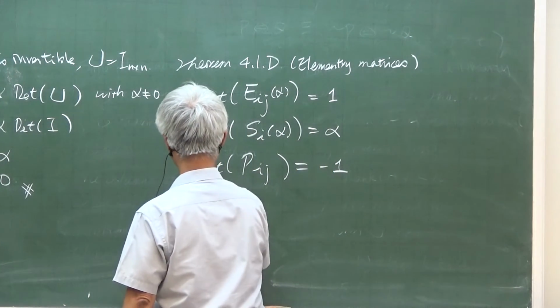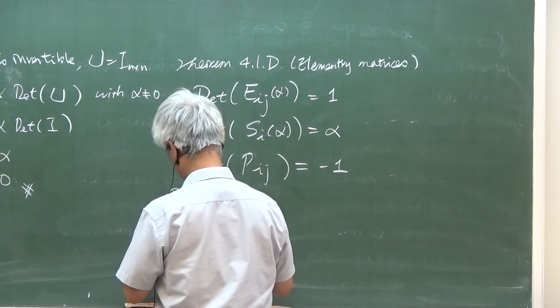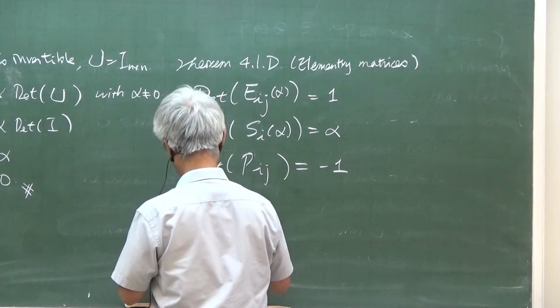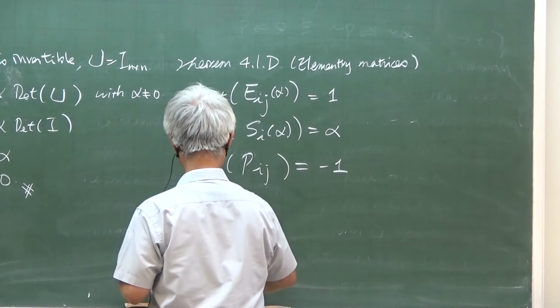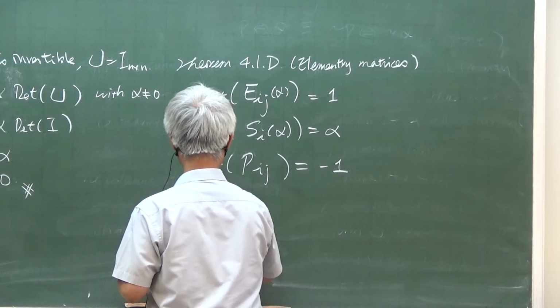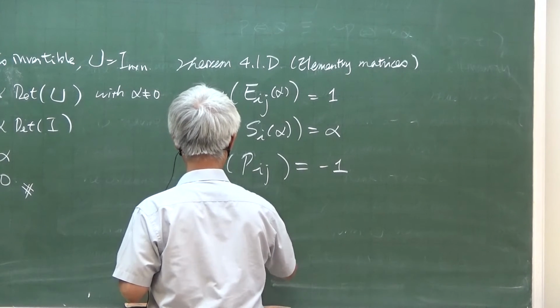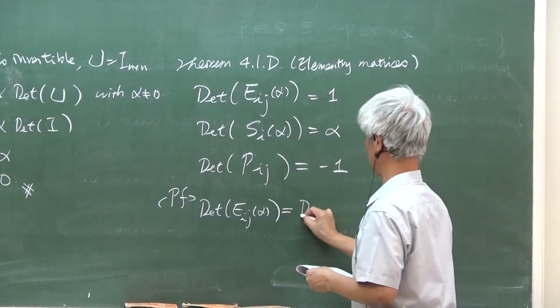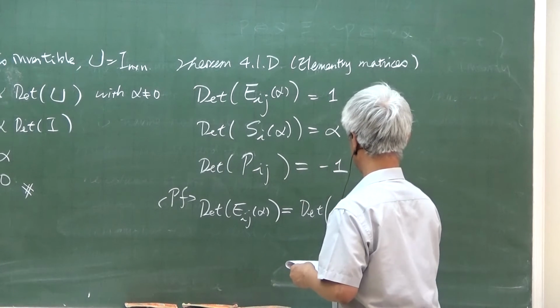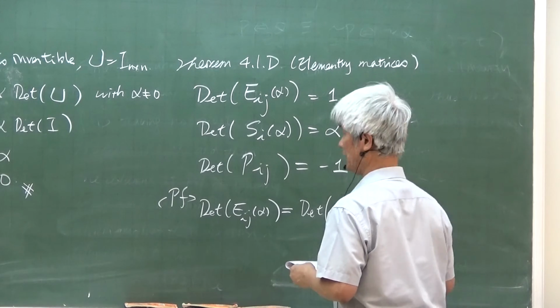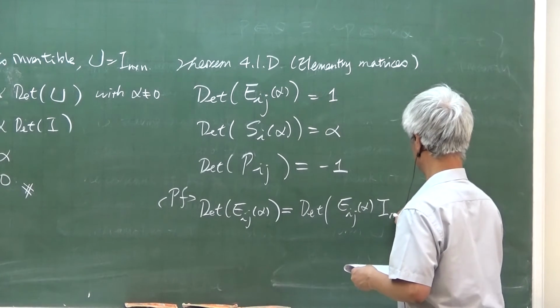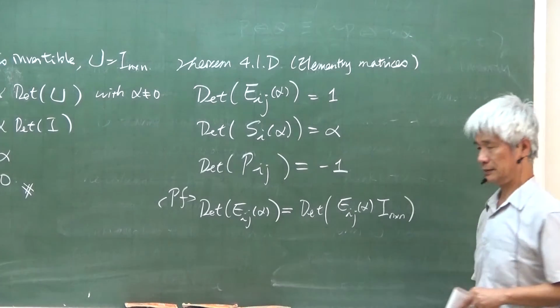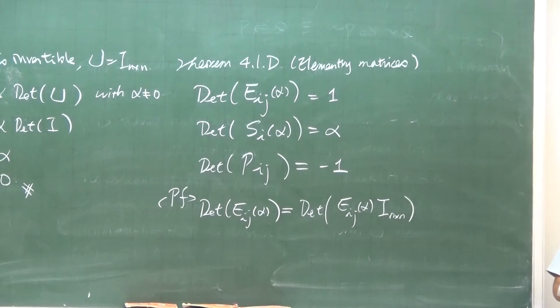And the proof is simple. You can see that the determinant of E_ij(alpha), if we think about it, is the replacement operation on the identity matrix.